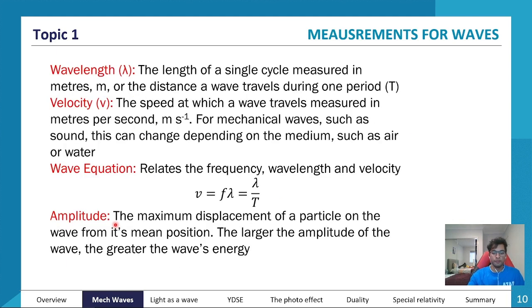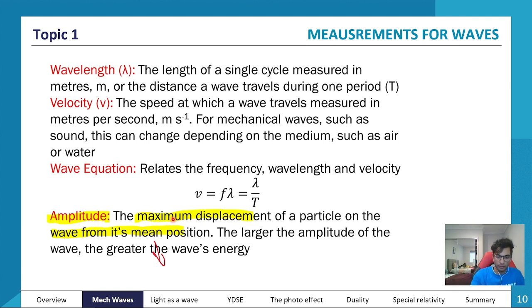There's a few terms you have to be aware of when it comes to waves. I'll go through the easiest ones first. Amplitude is basically how big the wave is. The more specific definition is the maximum displacement of the particle from its mean position, and mean position is when y is equal to 0.